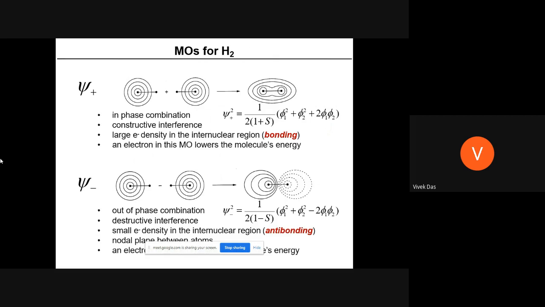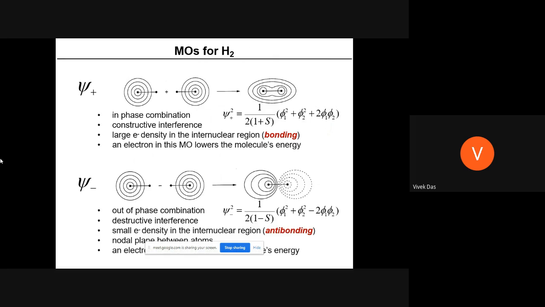Adding each electron to a bonding orbital lowers the molecule's energy. Vice versa, adding electrons to an anti-bonding orbital destabilizes the molecule. This is the thumb rule.